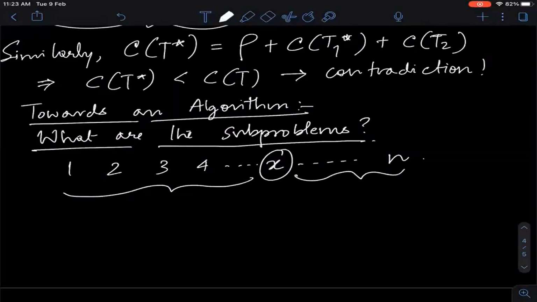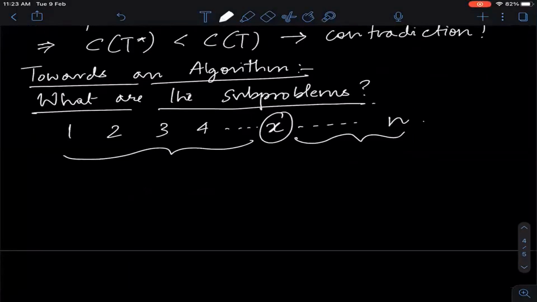Now let's just focus on the left. What do I mean when I say that you need to solve the sub-problem on the left hand side? If I zoom in onto this left side, it's the set of keys 1, 2, 3, 4 up to x minus 1.